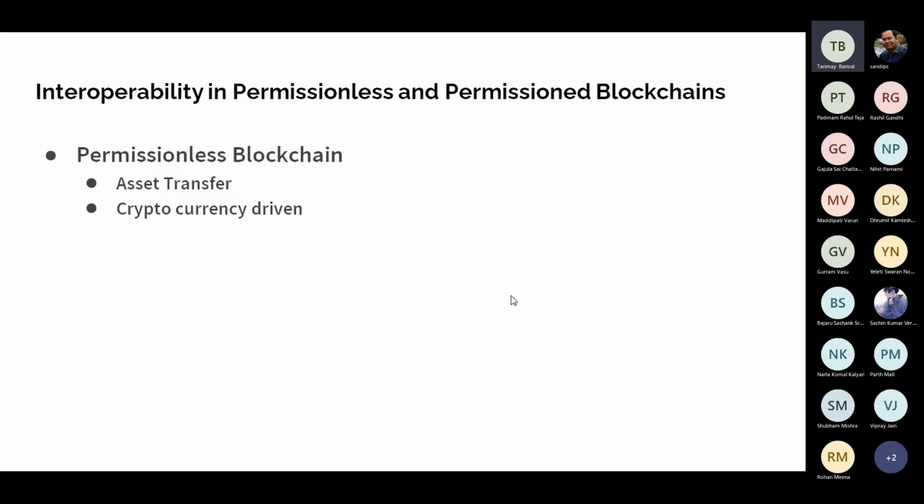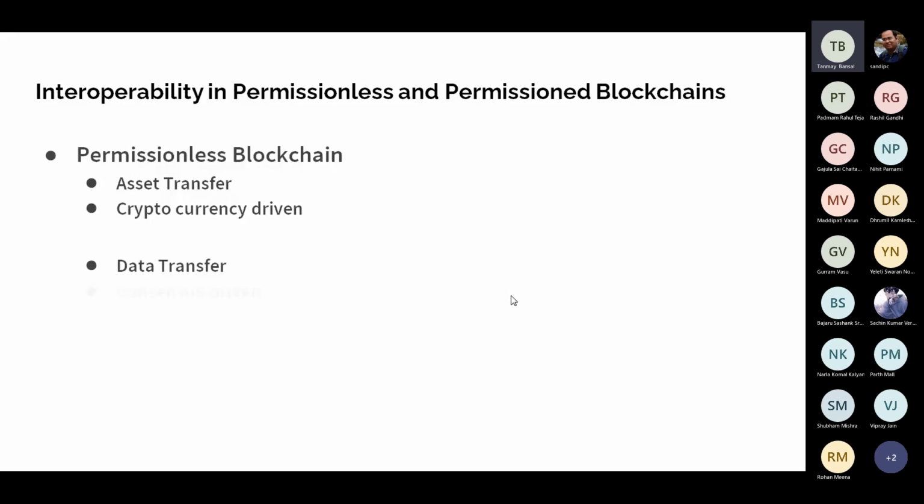So it is quite important that we ensure that these are atomic transfers, so that no party can back out. Because it involves money, there should not be a situation where two parties agree to exchange some coins, and then one party ends up getting both, and the other does not get any. So we have to consider those issues, which are more important for such cryptocurrency driven interoperability.